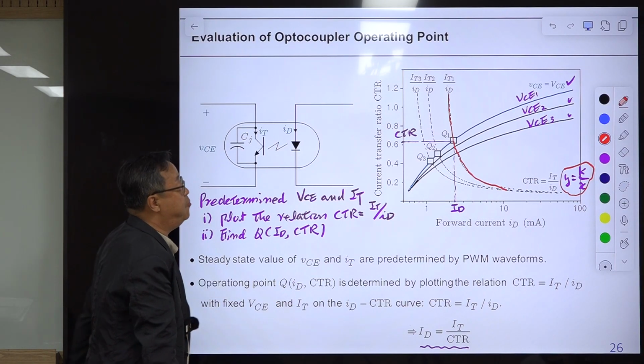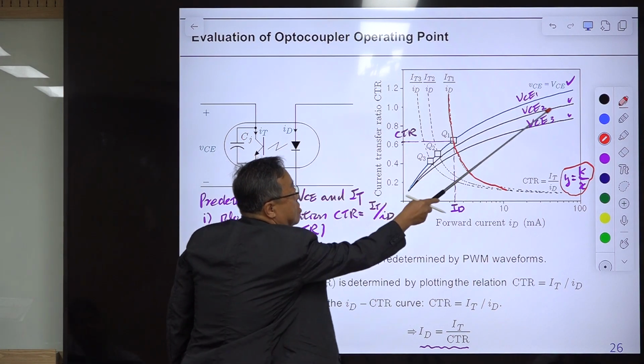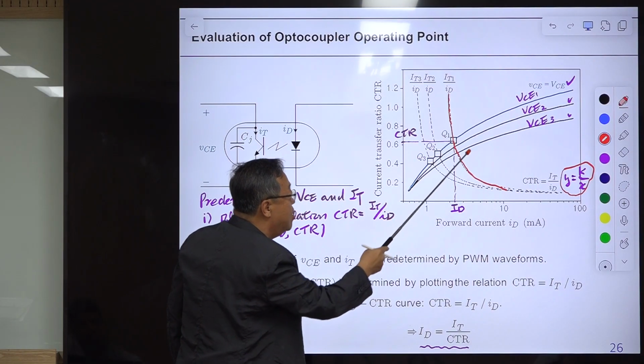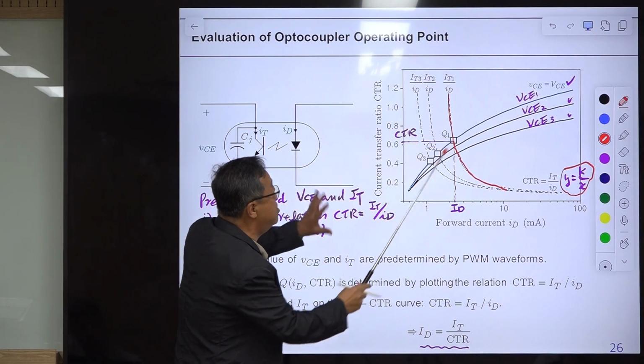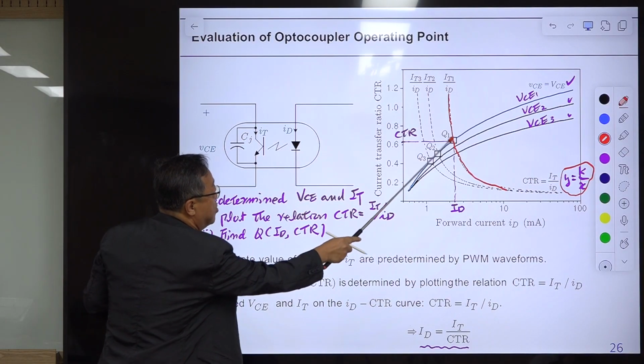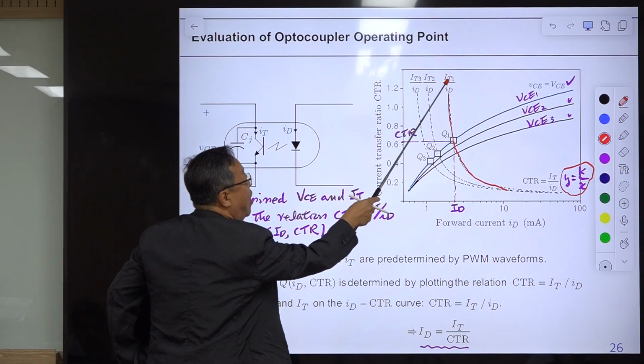If this changes, then you need to use this curve or this curve. If ID changes, IT changes, maybe the operating point will move around like this. This is for the case of IT1.